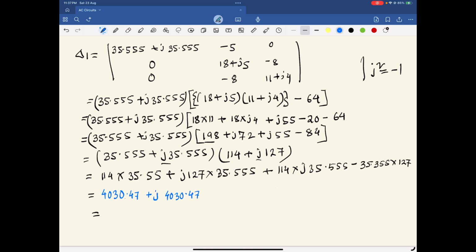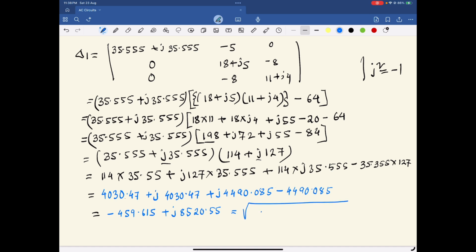Now this way you can solve the matrix. You have to multiply the first element of the first column with 18 plus j5 into 11 plus j4, and both 8 minus 8 means minus 64 as it is now. It is minus 64, minus cancel. After solving this matrix we will get these values, that is in rectangular form.